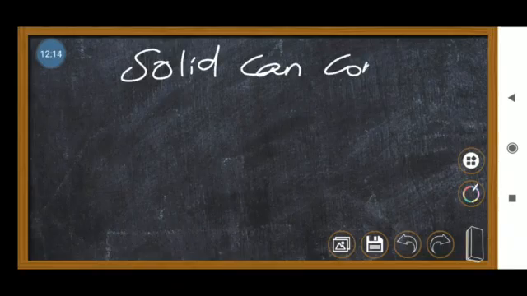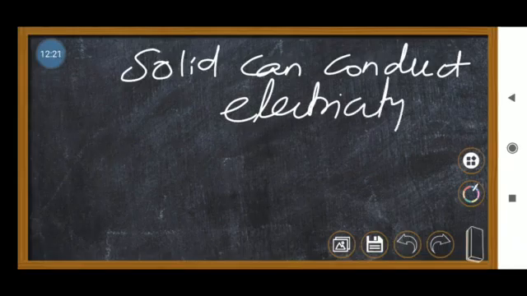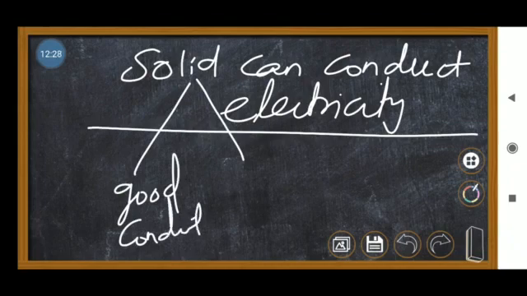Among solids we split them into good conductors and poor conductors. Some are good conductors, some are not good conductors, they are called insulators, or maybe poor conductors. If instead of the tester we connect any rubber or plastic material, the bulb is not glowing because the circuit is not completed, so the current is not flowing continuously.